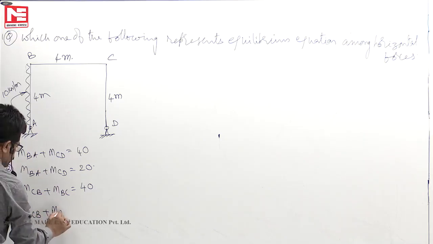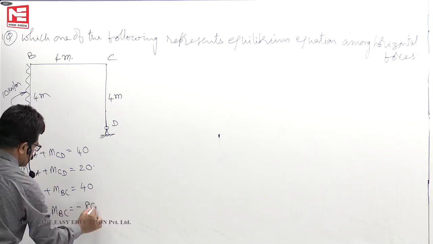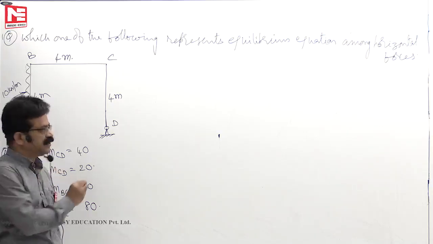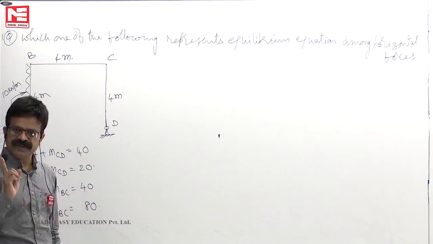MCB plus MBC is equal to minus 80, or plus 80. Like this they have given. Now, one of the options you have to take. Available time, let us say only 1 minute.